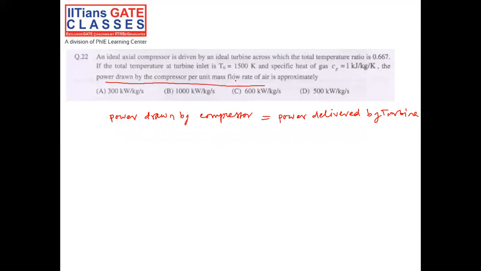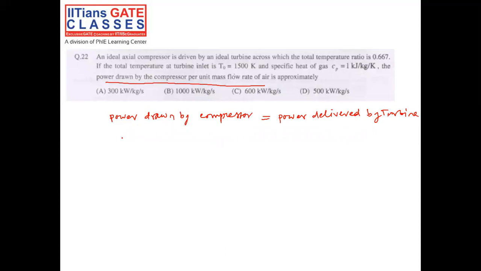So power drawn by compressor is equal to power delivered by turbine. So power drawn by the compressor per unit mass flow rate, that is what we have to find out. So this is the quantity we need to find out.